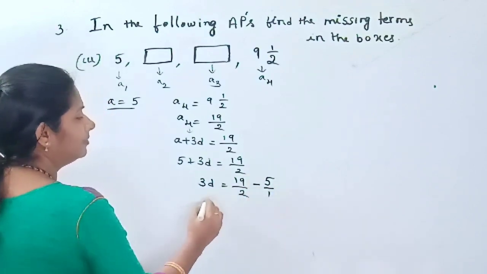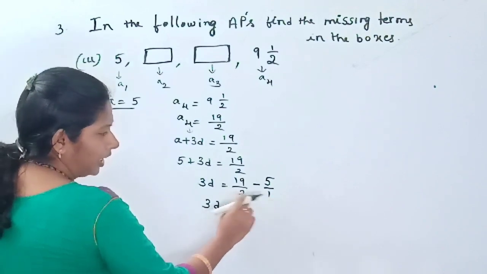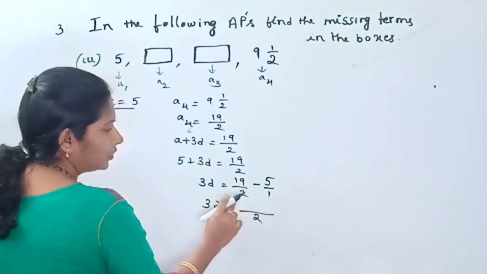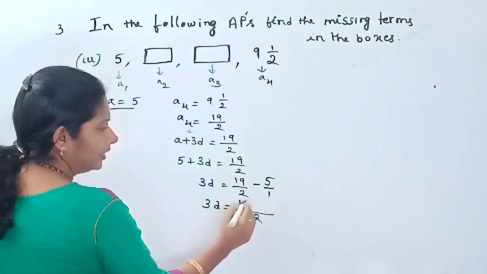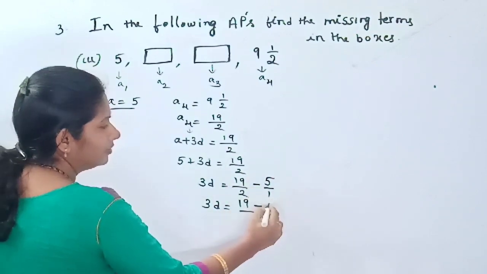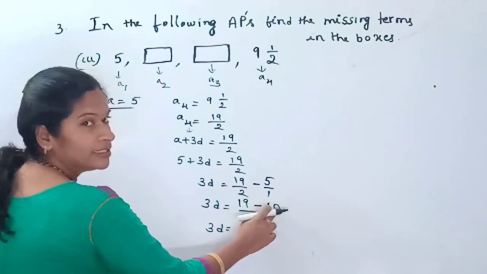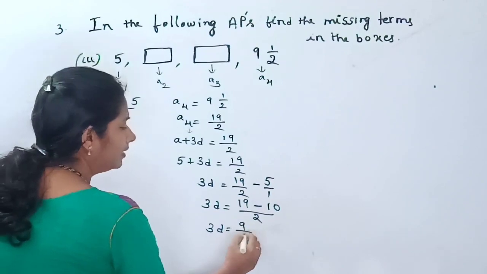Now take the LCM. 3D equal to, 2 and 1 LCM is 2. 2 1s are 2, 1 into 19, 19 minus 1 2s are 2, 2 5s are 10. 3D equal to 19 minus 10, it is 9 by 2.